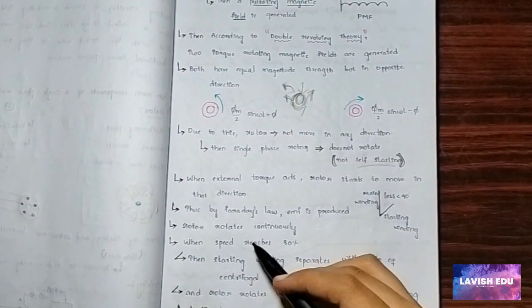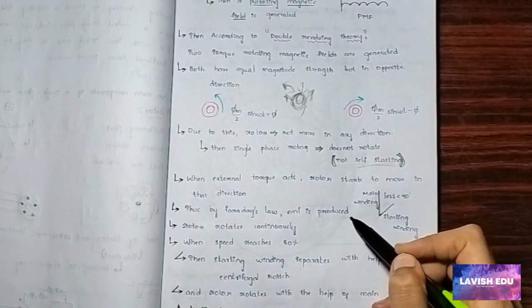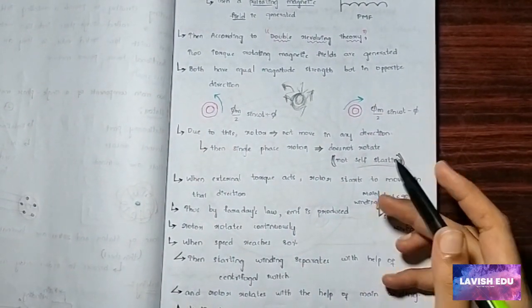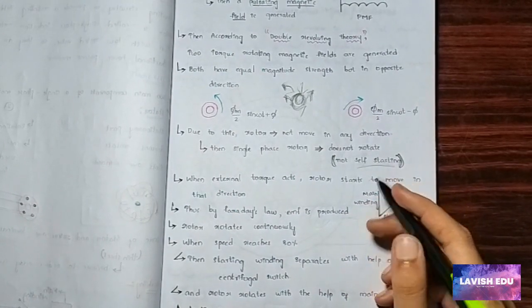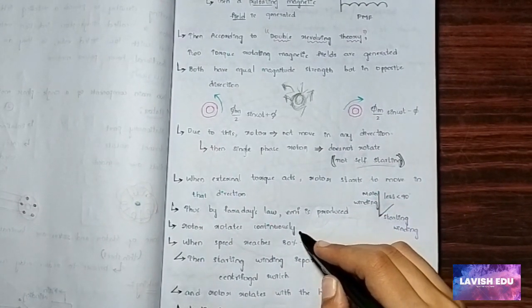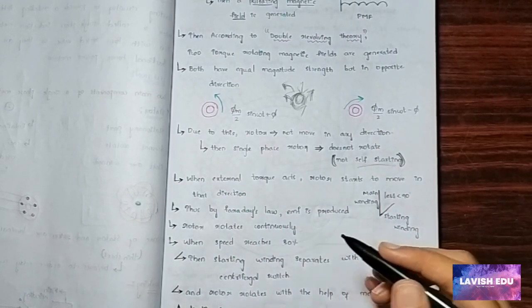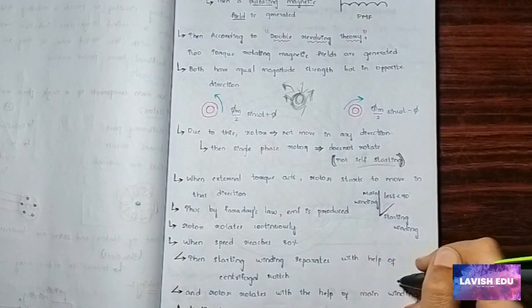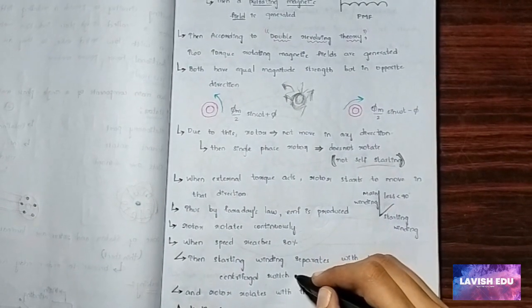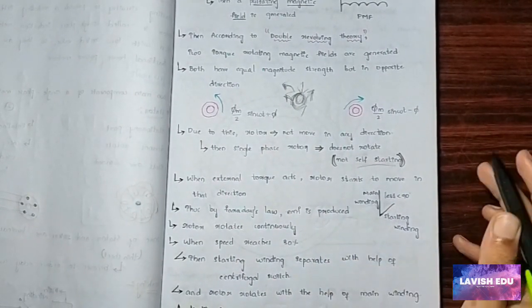Next, by Faraday's law, EMF is produced in it. Then the rotor starts to rotate continuously. When the speed reaches 80%, the starting winding is separated with the help of a centrifugal switch and the rotor rotates with the help of the main winding.